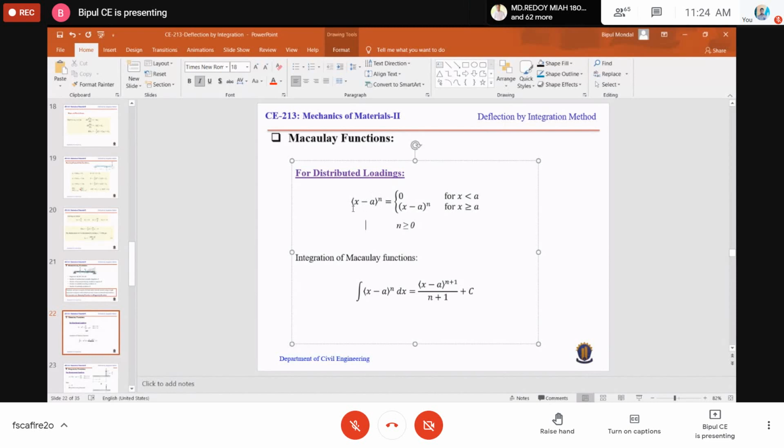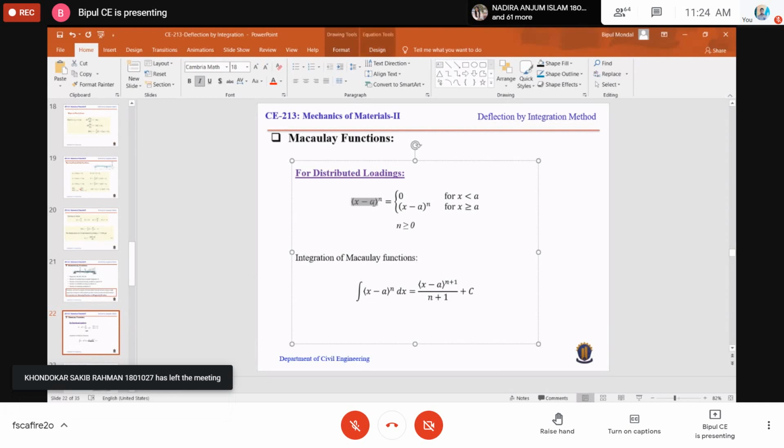We can simply assume that it is not a Macaulay bracket. It is a simple first bracket or second bracket or third bracket, if the numerical value in this bracket is either 0 or positive.